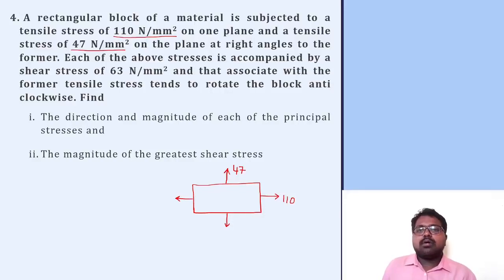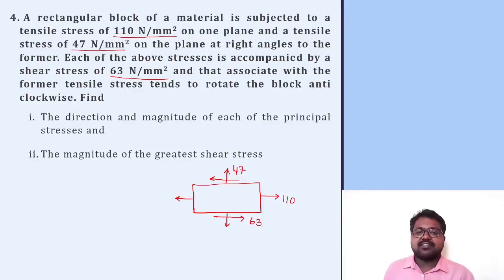Now it is accompanied by a shear stress of 63 Newton per mm square, which tends to rotate the block in the anti-clockwise direction. So to the 47 Newton per mm square, the shear stress is acting in the anti-clockwise direction at 63 Newton per mm square.